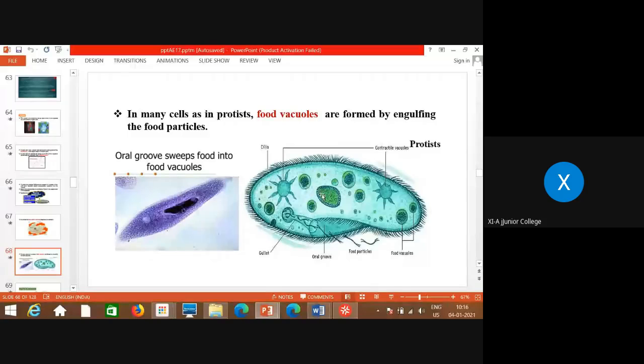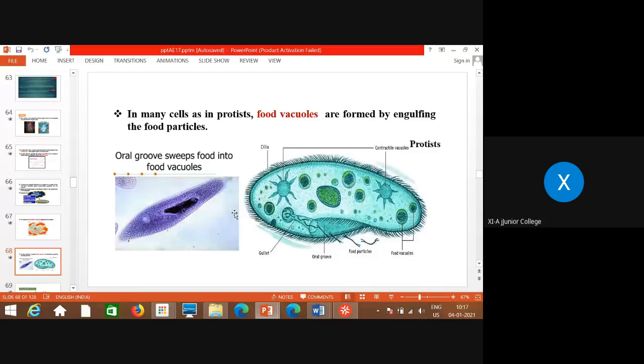There is a little difference. The food vacuole is for engulfing the foreign material as food, and then digestive enzymes are released there and the food gets digested. The contractile vacuole is used for maintaining the osmotic pressure of the cell body itself with the surrounding.